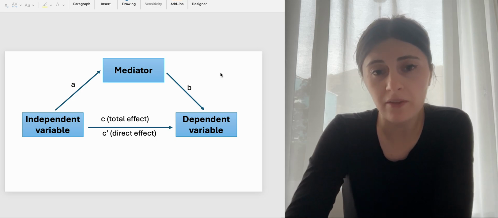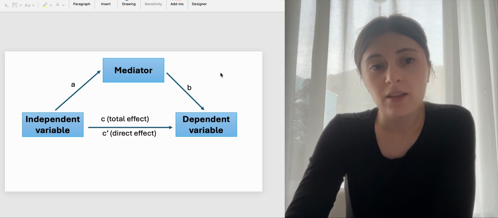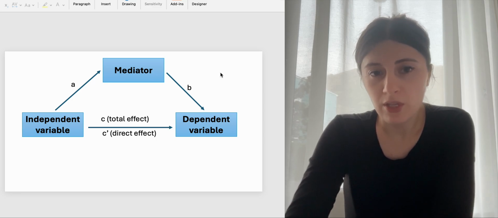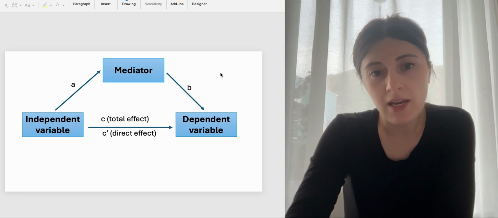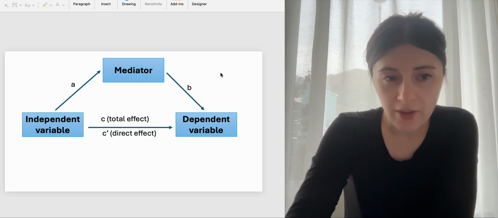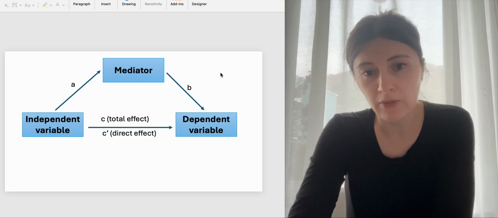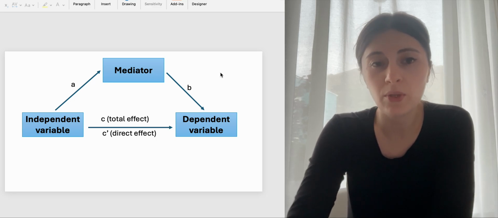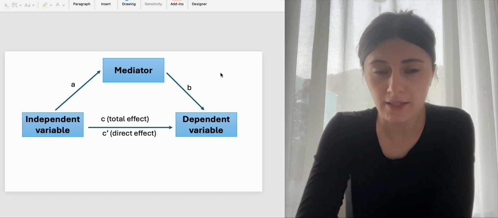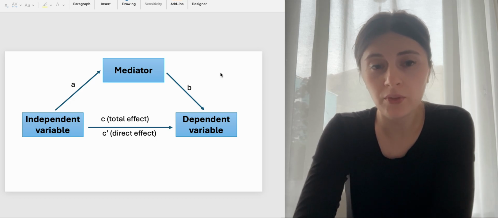And if this path is significant as well, then we can conclude that there is a mediation, because paths A and B are crucial. They constitute the so-called indirect effect. The indirect effect of the independent variable on the dependent variable. We call it indirect because there is a mediator. And if that effect is statistically significant, then we can conclude that there is a mediation.